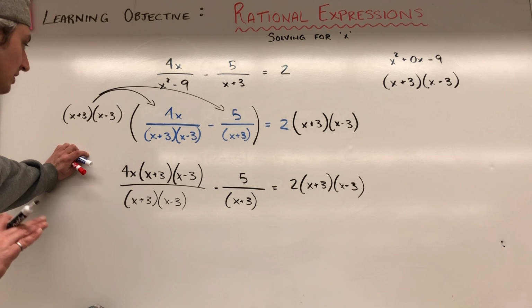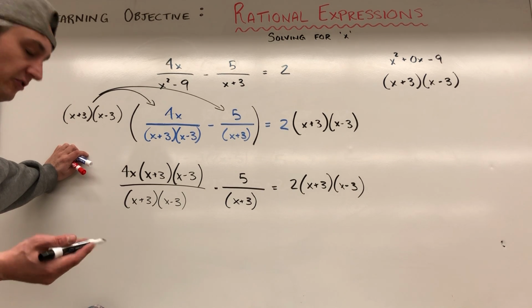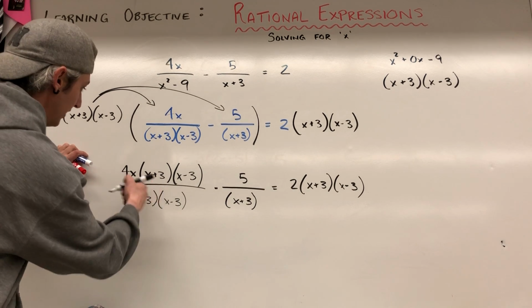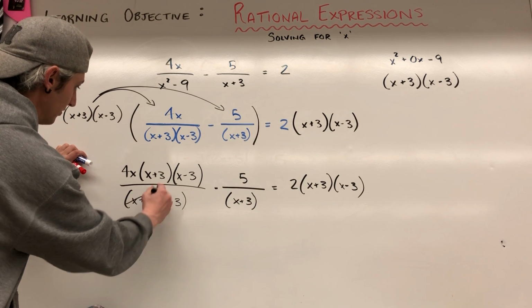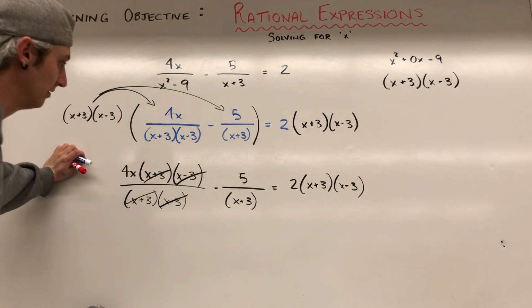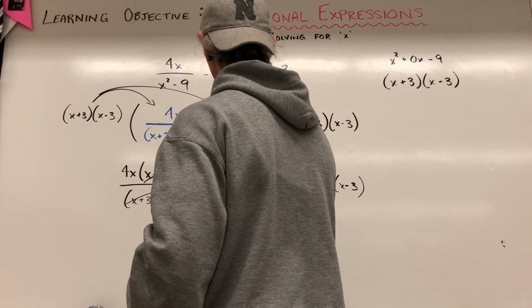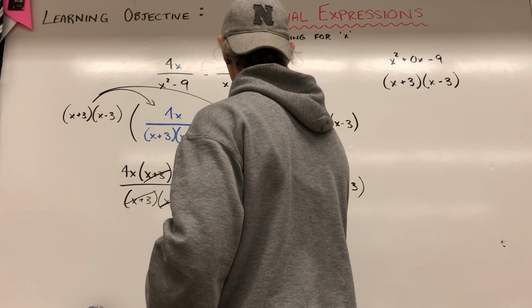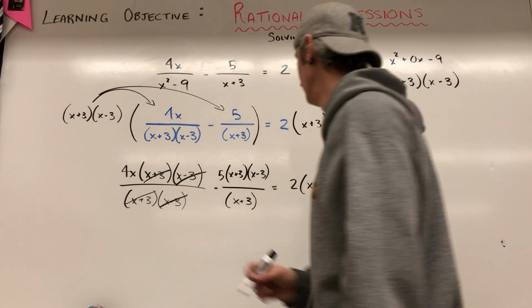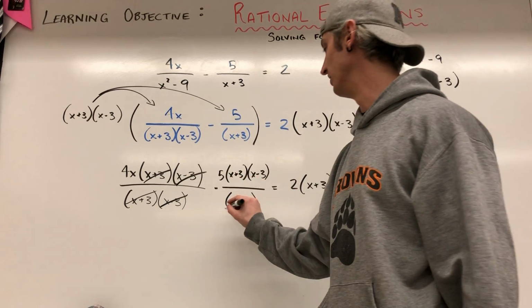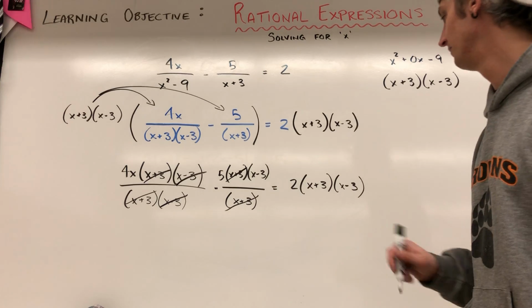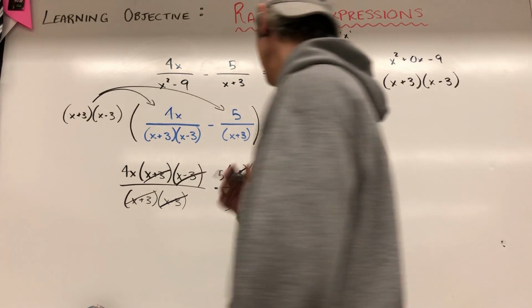And I'm actually not going to solve, well, we'll see what happens. So when I write it out this way, now I can see that this is going to cancel here. Oh, I forgot to multiply the 5 by the x plus 3, x minus 3, and when I do that, I notice that x plus 3 will cancel here, and I'm left with that. So let's write out the whole thing now.